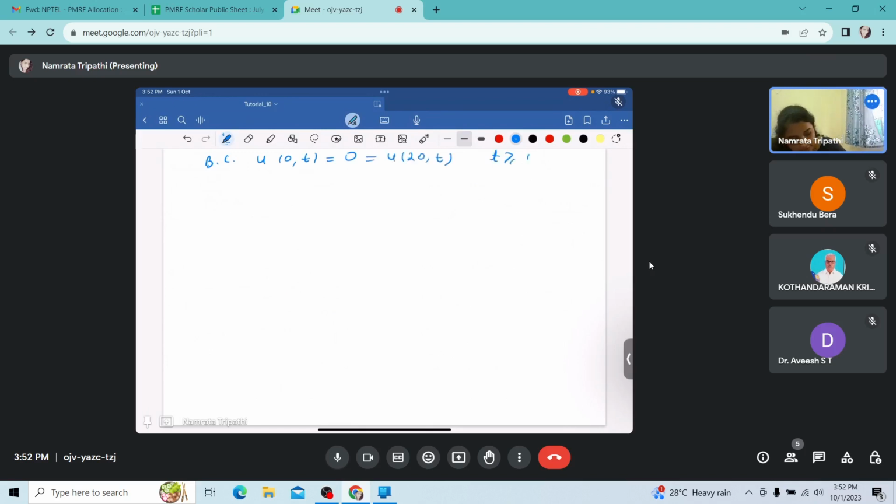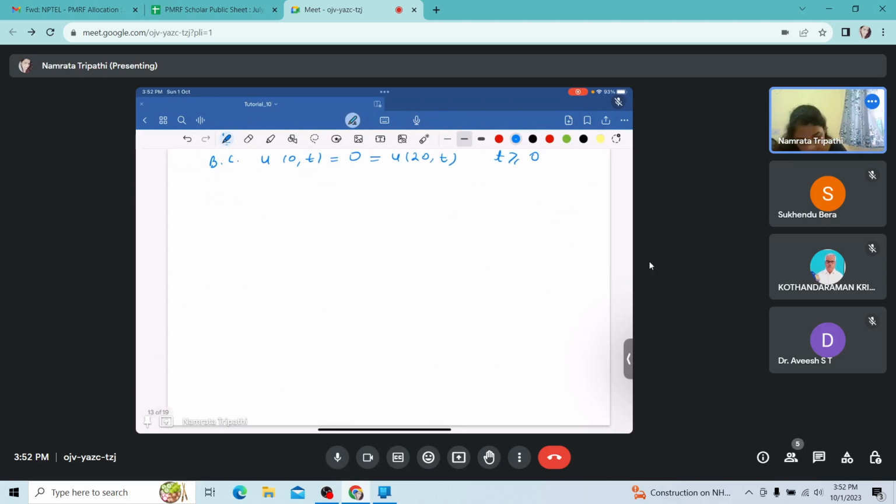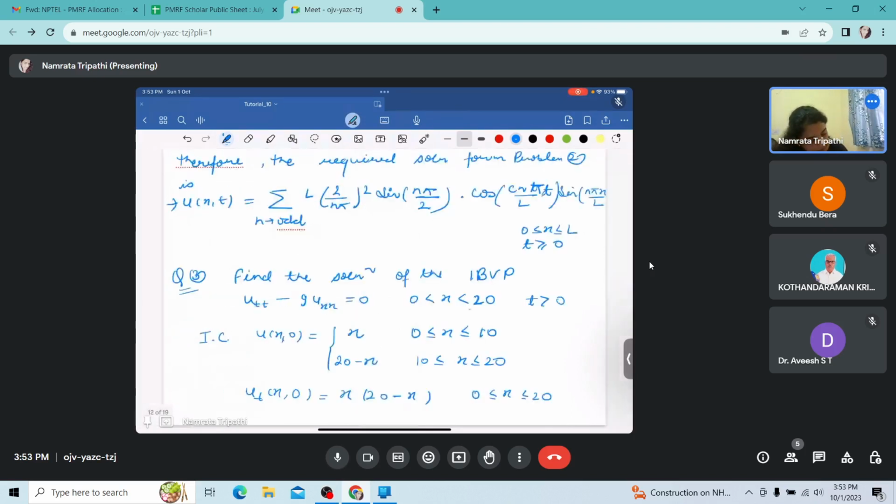Can you use the previous expression and put the value of c and L, and you can find the solution, because there is no difference in initial condition and boundary condition, just the value of L. Here we have provided 20, and at the place of c we have provided 9, c square is 9, and u of x comma 0 is x into 20 minus x.